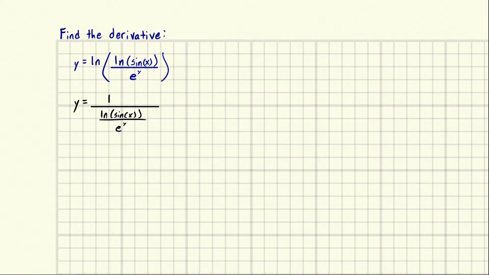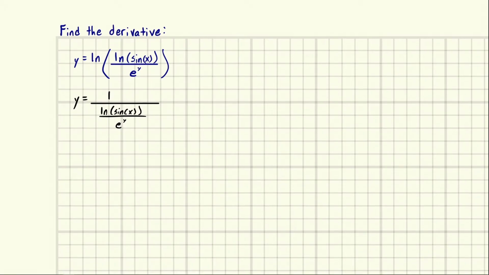Looking inside, we could use a product rule or a quotient rule. I don't see any obvious advantage in picking either one, and since it's already in quotient form, I'm just going to go with the quotient rule. That's high d low, so the derivative of the high times the low.